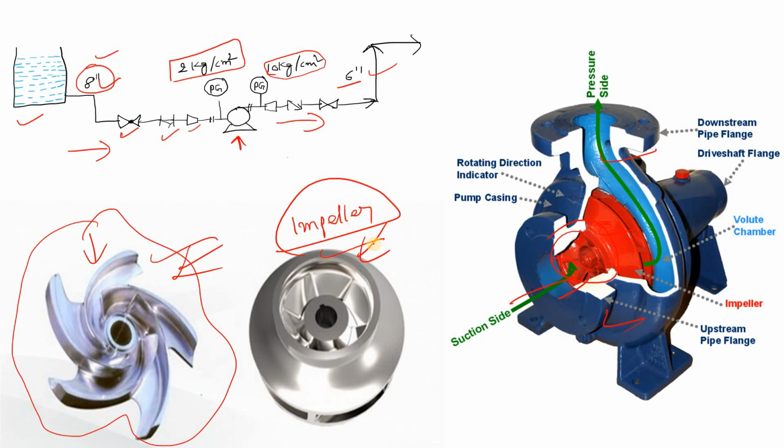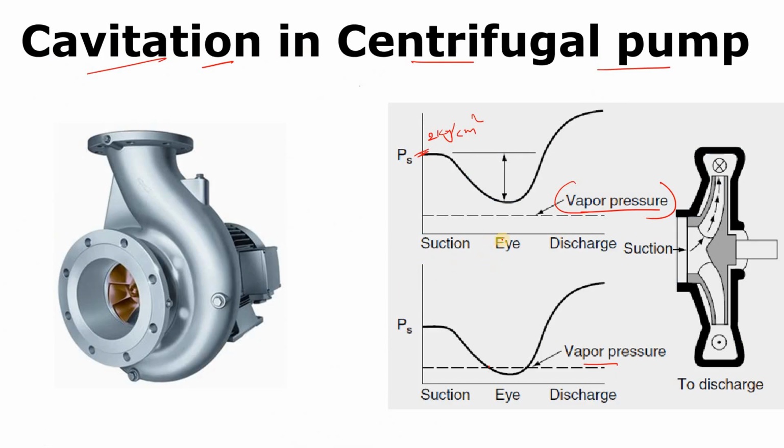So at the eye of the centrifugal pump, the cross sectional area is minimum, right? At the eye of the centrifugal pump your cross sectional area is minimum. So at that point your pressure will be minimum. Okay, and sometimes a vacuum is also created.